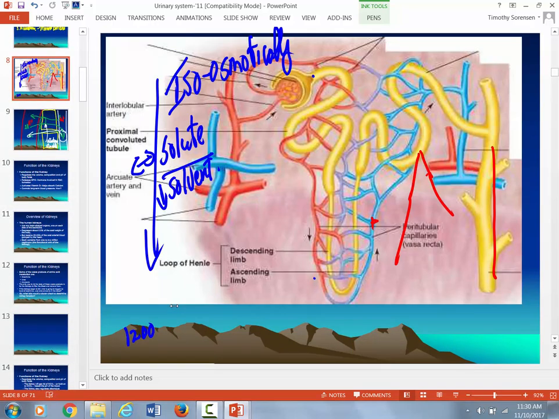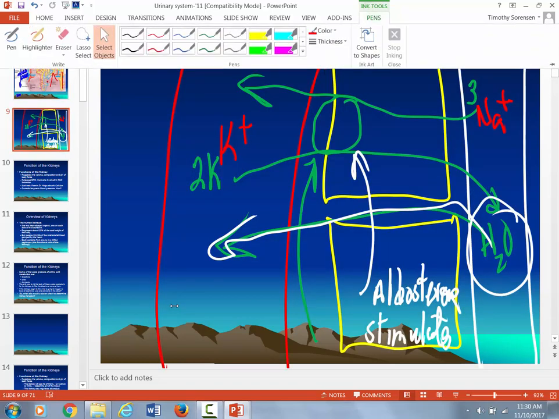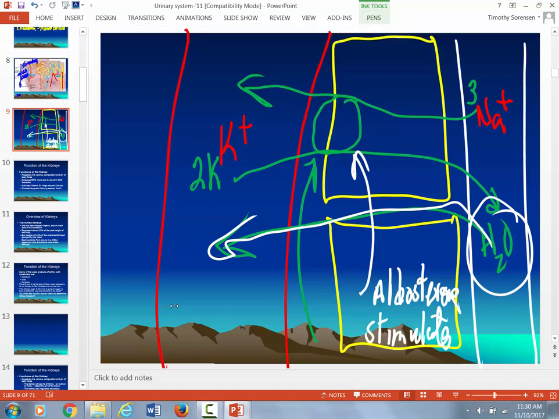When atrial natriuretic peptide is released, it has its effect on the distal convoluted tubules. And what A&P does is inhibit the sodium-potassium pump.